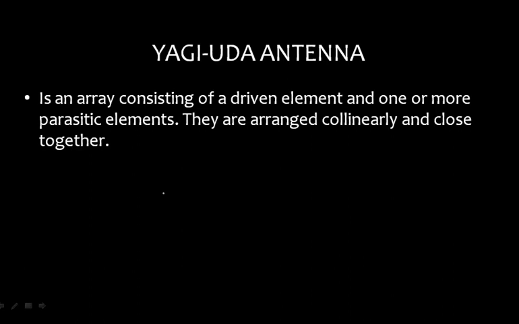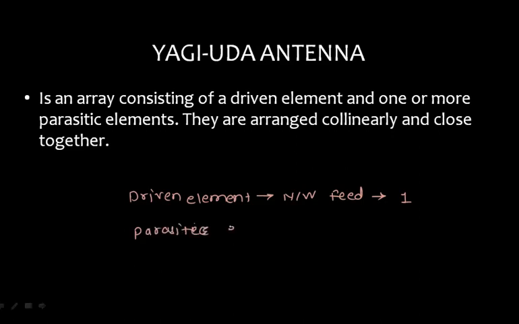The active or driven element is the element to which you are giving a feed, the network feed. So in the Yagi-Uda antenna you have only one active element, and you have parasitic elements. In the parasitic elements you are not giving network feed directly.